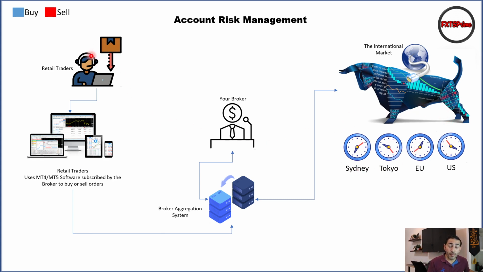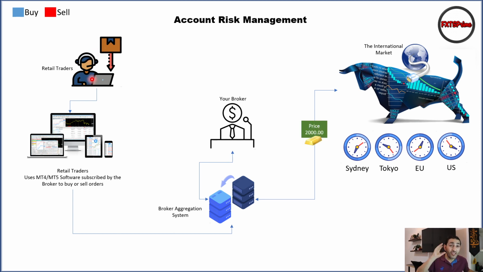So when you open an order, it goes to the MetaTrader, which transfers it to the aggregation system of the broker, the one you opened an account with, and the aggregation system is connected to the market.